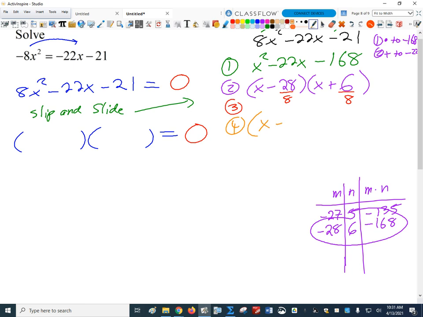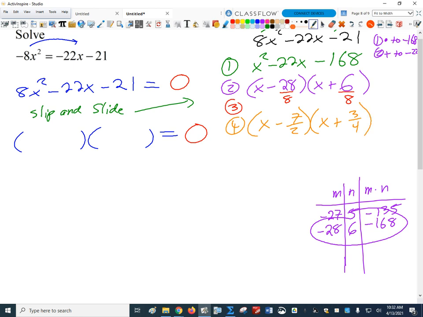So I can divide them each by 4 and get 7 halves. And here I can divide by 2 and get x plus 3/4.